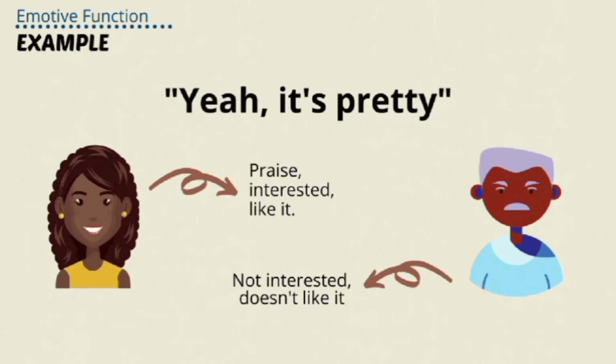However, it will be different if the sentence is expressed in a sharp tone or a lazy tone, because a sentence with a sharp tone of voice usually expresses something you don't like, doesn't it? Now let us see the difference. "Yeah, it's pretty," and "Yeah, it's pretty." The difference is obvious. Whether you say it honestly or pretend, it is still part of the emotive function.